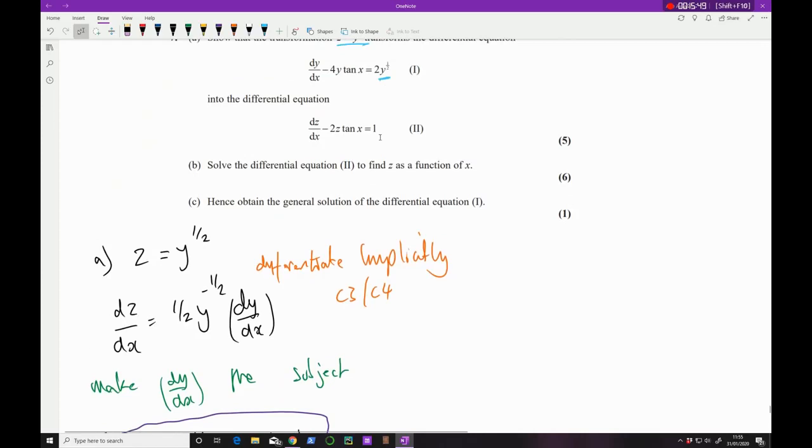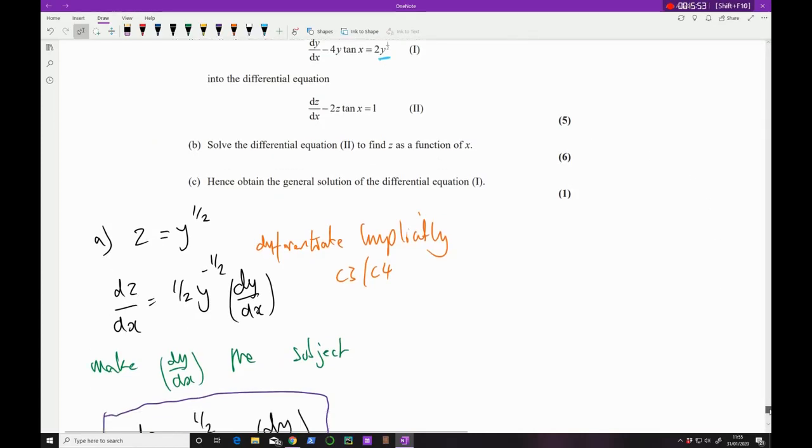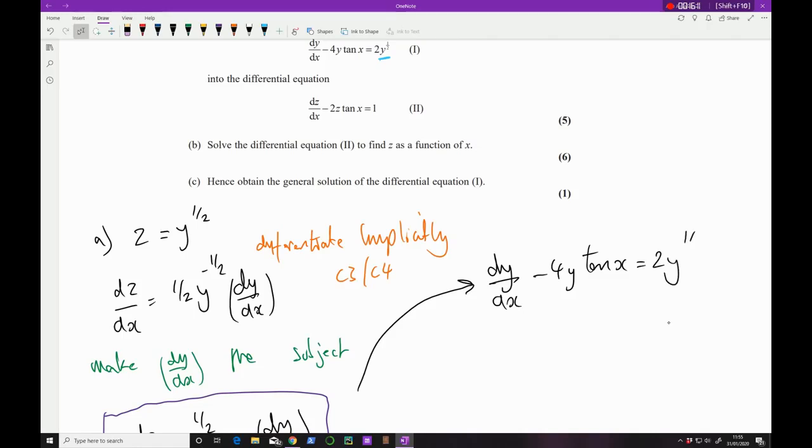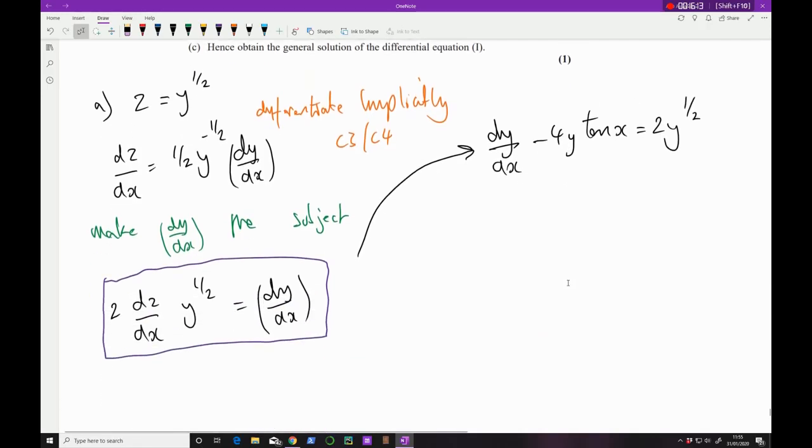Actually, I'm just going to rewrite equation 1 here so that I can look at it. Minus 4y tan x equals 2y to the power of a half.